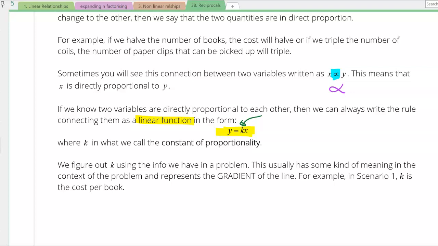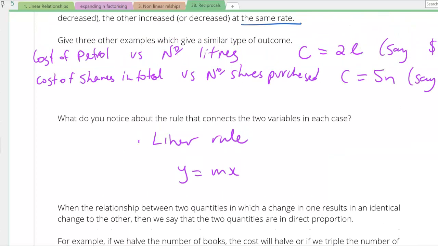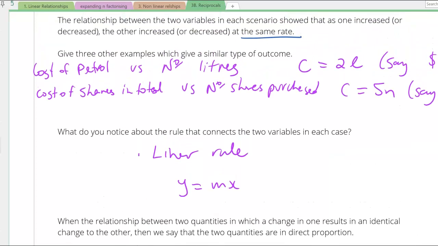Well, in the context of the problem, it represents the gradient of the line. In the case of the two examples we did previously, it would be the cost per litre of petrol. In the next one, it would be the cost per share. In the book question, it was the cost per book. So it does usually relate to a rate, but sometimes it's just a constant value that connects the two numbers together.